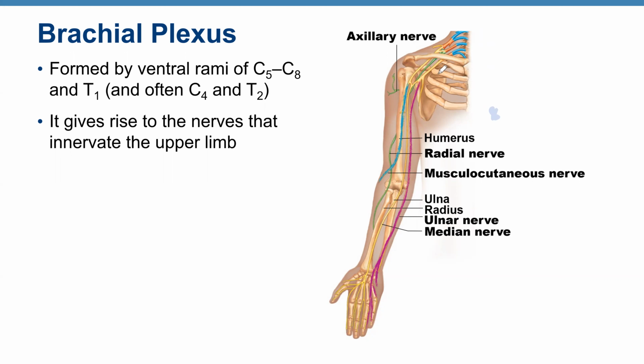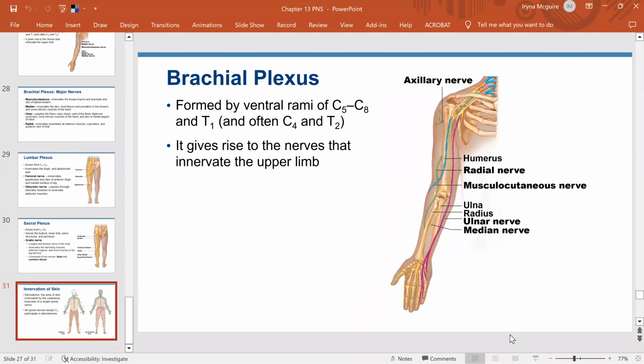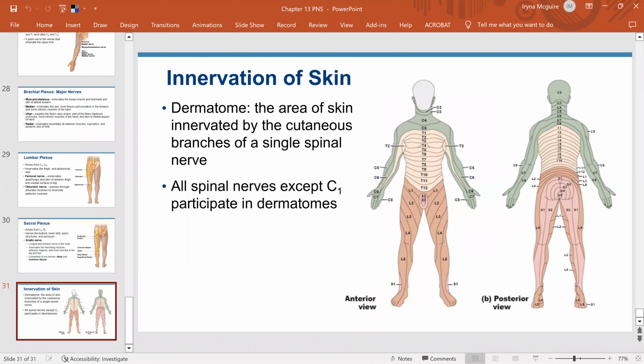All these fibers are mixed first, and then they form your ulnar nerve, right? That makes sense? And so when you innervate your muscles, many spinal nerves are involved in innervation of one muscle, but it's not the same with your skin. Skin innervation is different.